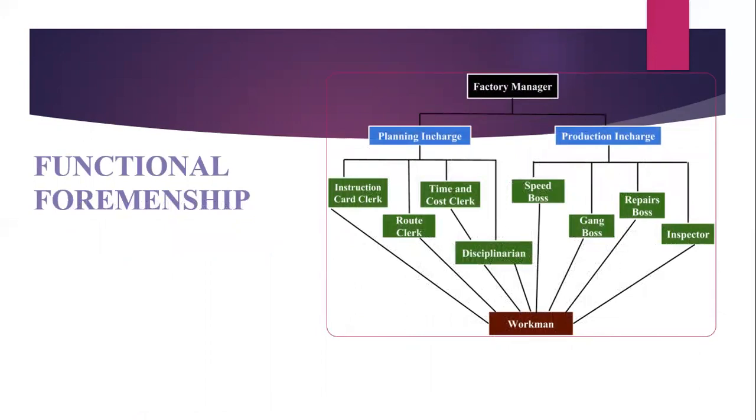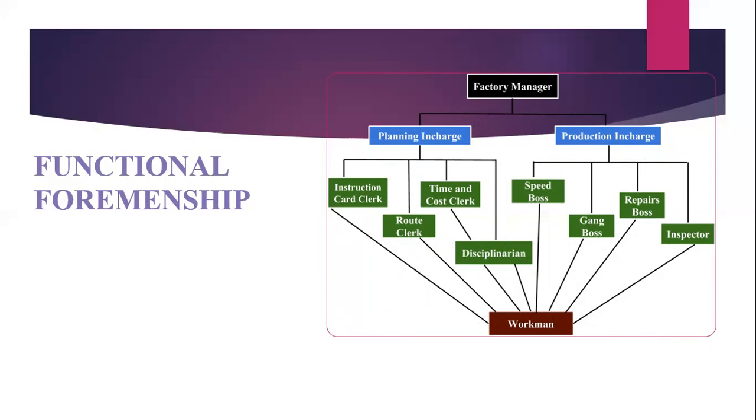So factory manager here is foreman, and there should be 2 types of in charge under him. One is planning and one is production. People who are educated, their intelligent quotient is high, all such people should be planning in charge, right? So this is what he suggested. Under planning, he said there should be 4. That is, first instruction card clerk, then time and cost clerk, route clerk, disciplinarian.